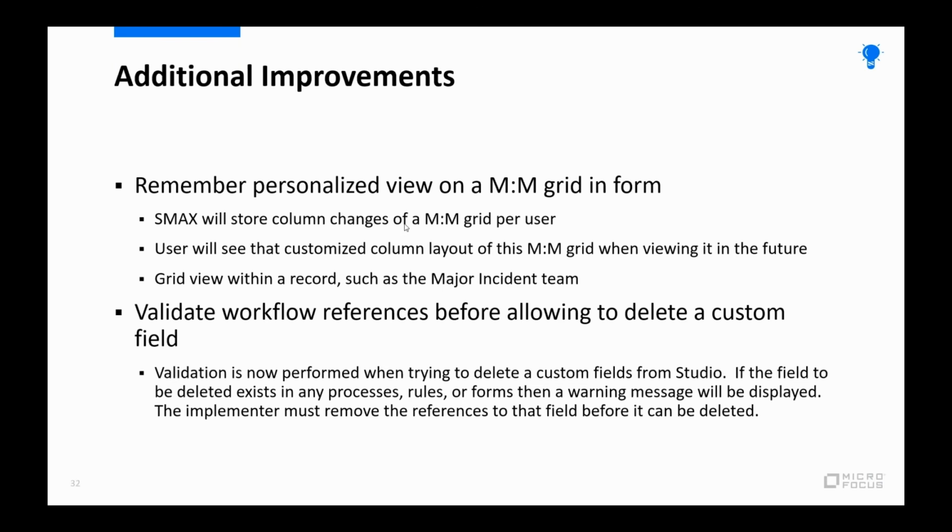Frustrating, not very efficient. So now we're persisting that information. So when you modify the columns, the system will retain that modification. The next time you log in, you'll see your modified set of columns. So a little improvement there for the users, and that is stored per user.